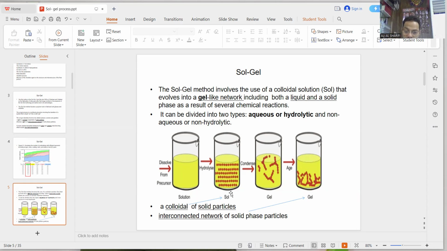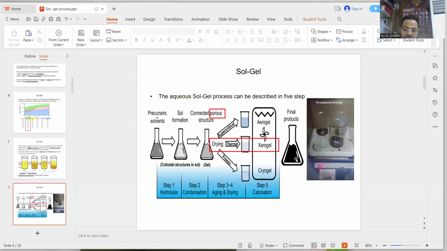Colloidal solid particles in the sol become, at the last state of the gel, an interconnected network of solid phase particles, or we can say a 3D network of solid and liquid phase. Because of that, we will use temperature treatment to make the liquid phase in this gel disappear to achieve xerogel. We will focus on it in the next slides.